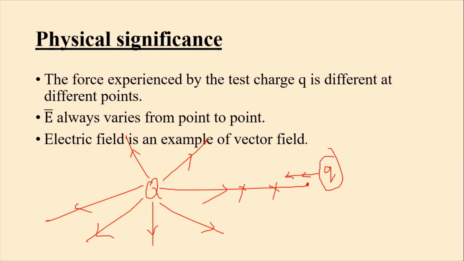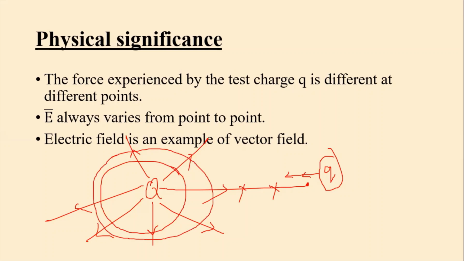That is, as we move towards the charge, what will happen? The field will increase, so the amount of force experienced by the test charge will be greater. The electric field is an example of a vector field. Okay, so everywhere there is a unique vector.